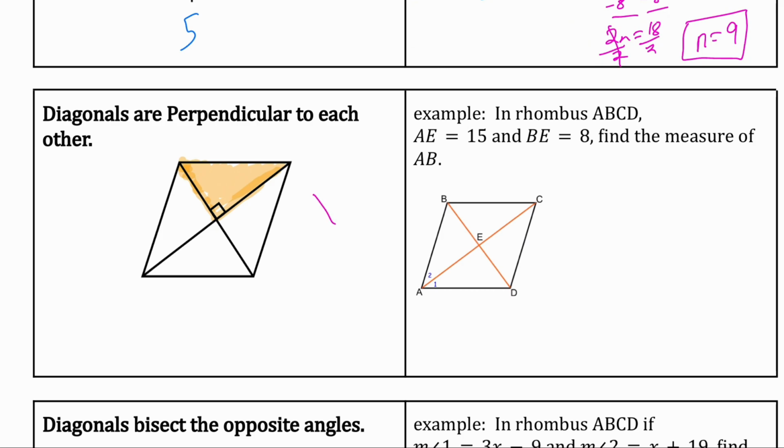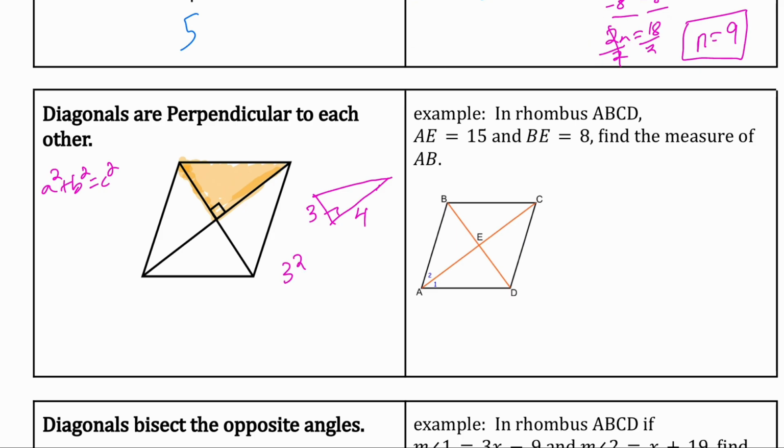But really, in particular, what we're going to focus on with these right triangles is that the Pythagorean theorem can be used. So if you guys don't remember the Pythagorean theorem, it's a squared plus b squared equals c squared. C is always the hypotenuse. So a lot of times what happens is we might know information about the 2 legs. Let's say one leg is 3, the other is 4.